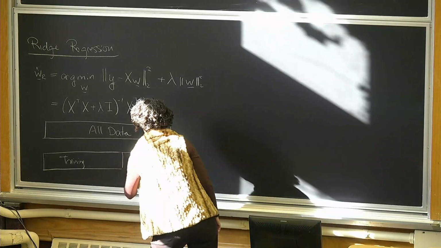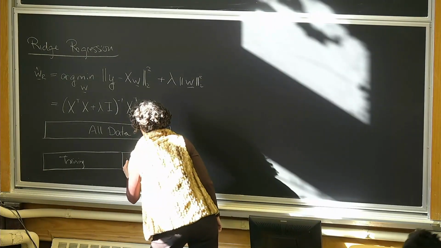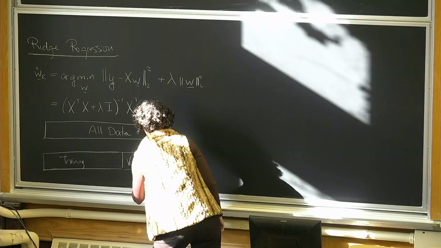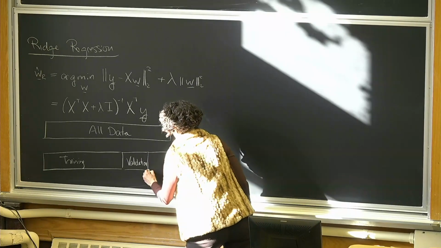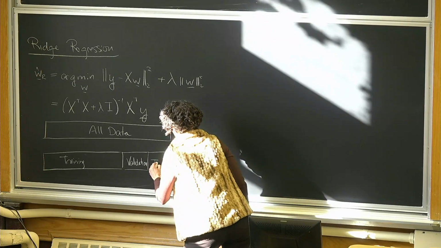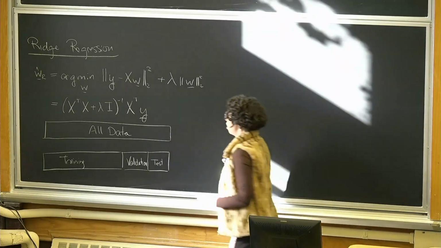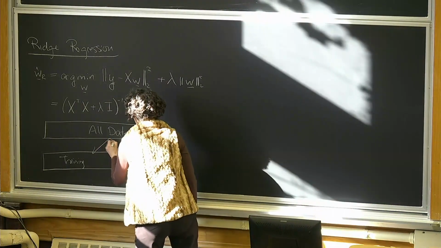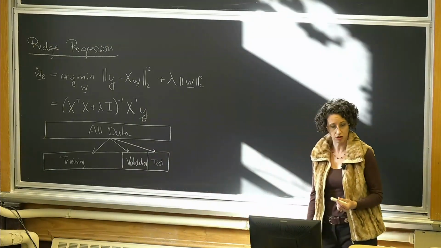And then I would take another 15% or so, and this would be validation data. And then my final 15% or so would maybe be my test data. So all of this is coming from my original collection of data that I'm using to do my machine learning with.